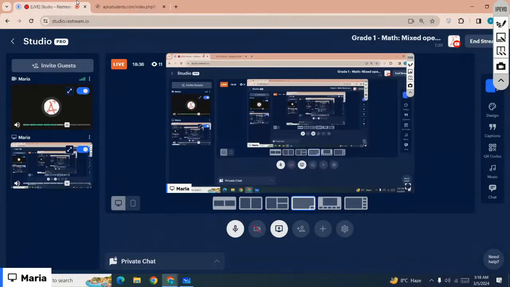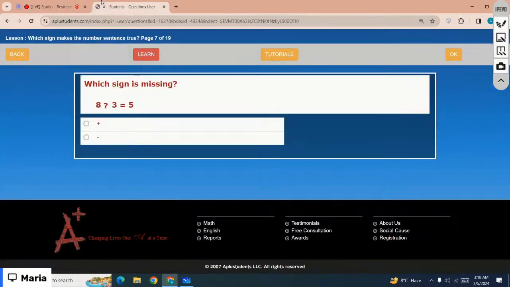Okay, the next one is, which sign is missing? 8, missing sign, 3 equals 5. You have to add or subtract, which is the correct option?